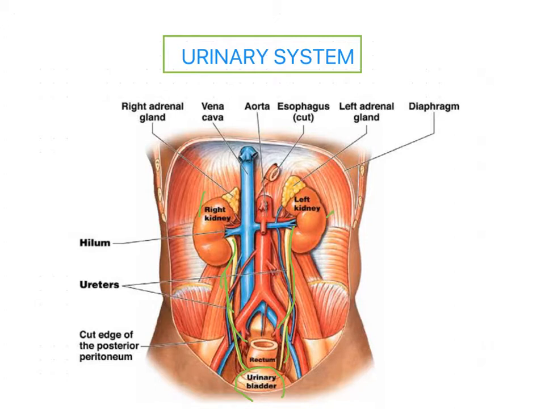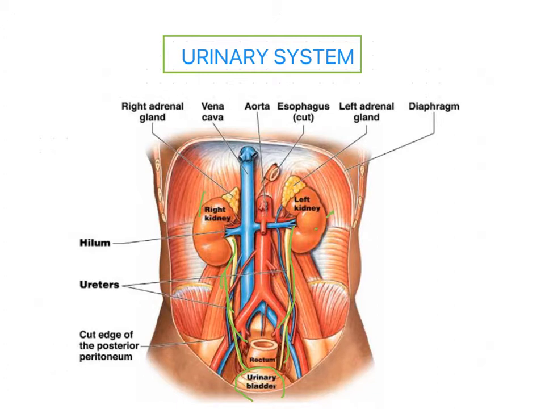If you see the overall functions of these organs, the kidneys are mainly used to remove the waste products of metabolism, and they maintain the pH and also remove the excess water and salts from the blood. The ureters are tube-like structures which convey the urine formed in the kidneys to the urinary bladder.